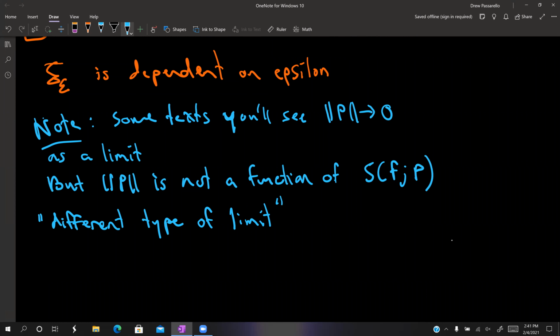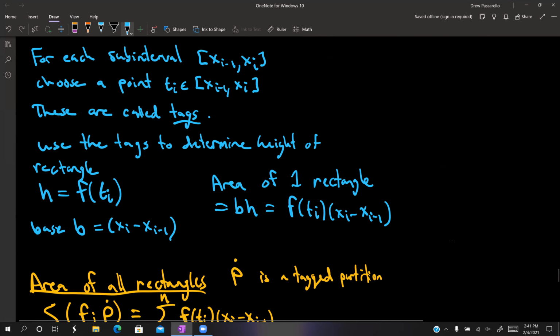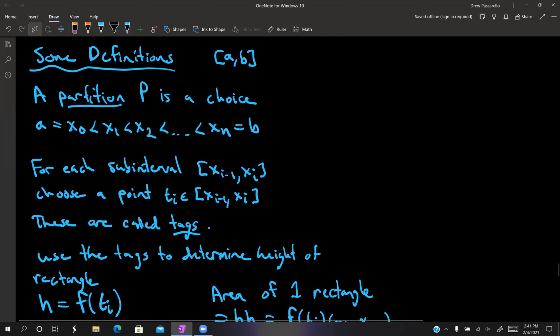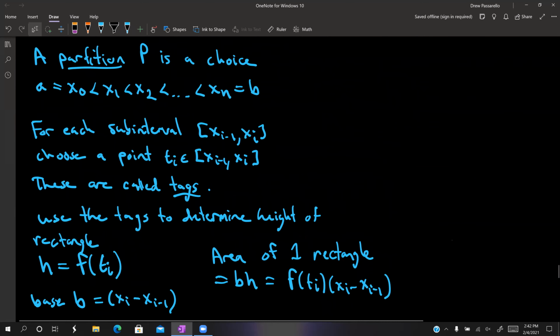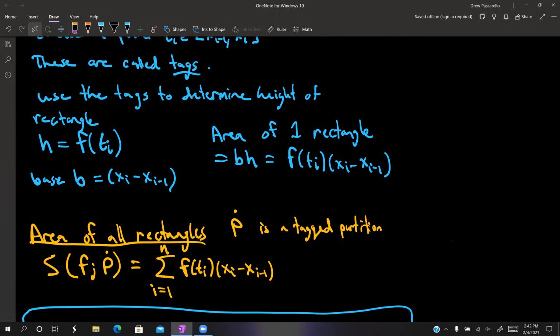All right, so those are the definitions. Again, we have a partition P. It is a choice of slicing up the interval, and our interval is [a,b]. In each subinterval from xi minus 1 to xi, you choose a point ti. That ti is called a tag. You use the tags to determine the height of the rectangle, where the height is given by f of ti, and the base is the length of each subinterval.